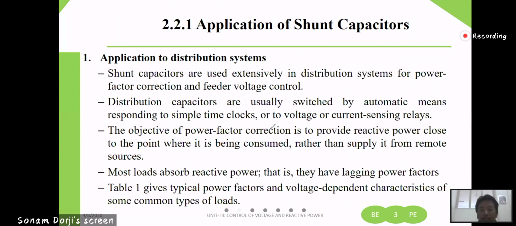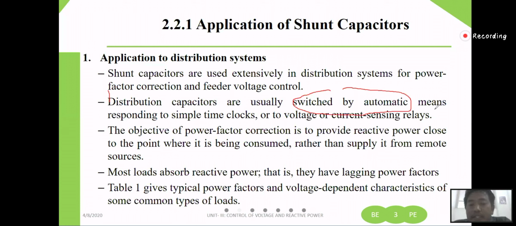We call this shunt capacitor a distribution capacitor also. It can be switched by automatic means, responding to time clocks or to voltage or current sensing relays, which means in the distribution system the shunt capacitor can be switched on automatically.